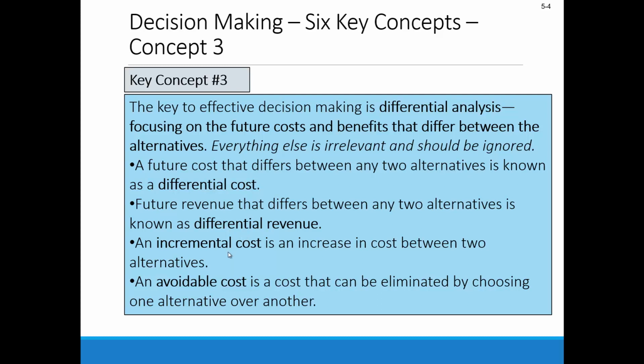A little more specifically, or at a different level of analysis, we'd define an incremental cost as a differential cost that's increasing between two alternatives. And then an avoidable cost is any cost that can be eliminated by picking one alternative over another. And this idea of avoidability is really going to become critical in determining whether things are, again, relevant or irrelevant from a decision-making context.